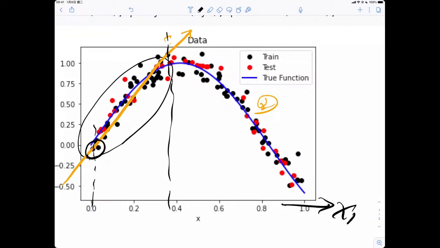If your sample data is between 0 and 0.4 and your testing data is far beyond 0.4, that means your model is unlikely to represent the data at the right hand side, which is larger than 0.4. So your model might fail.